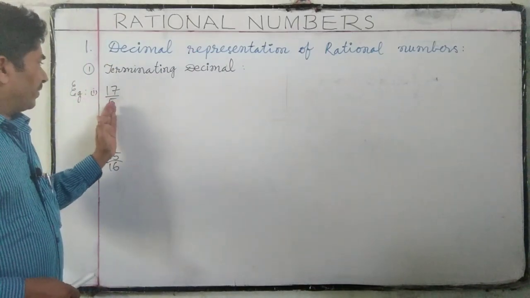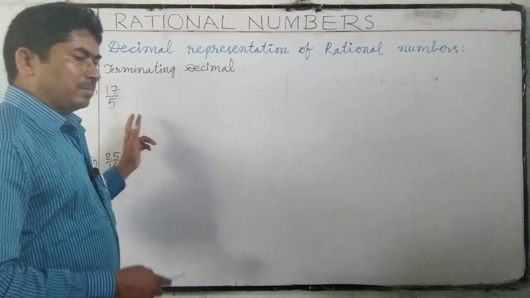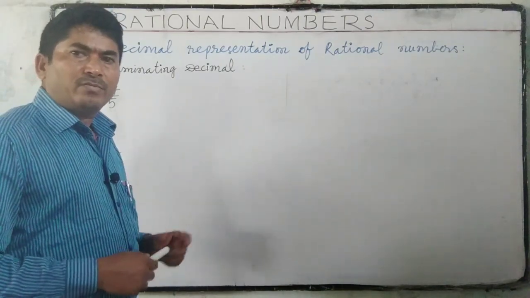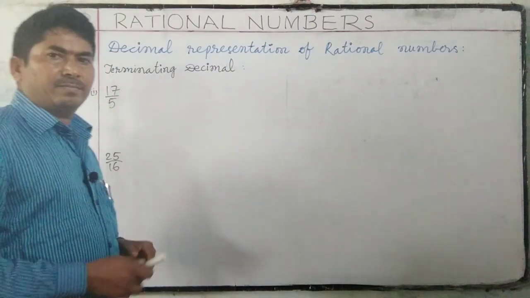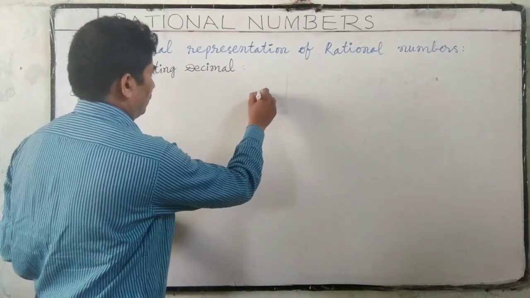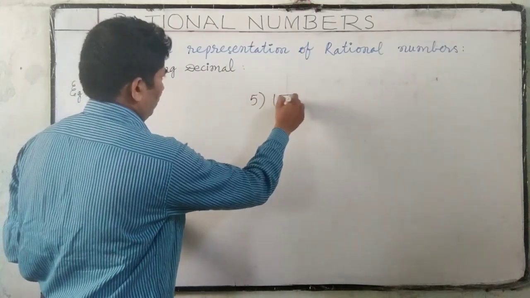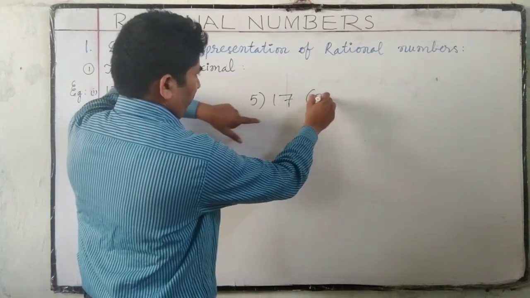Here we have a rational number 17 by 5. To convert to a terminating decimal, we have to divide the numerator by the denominator. Five threes are 15.